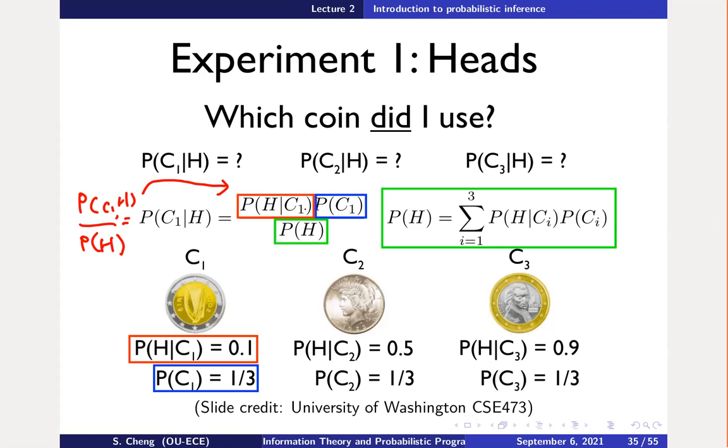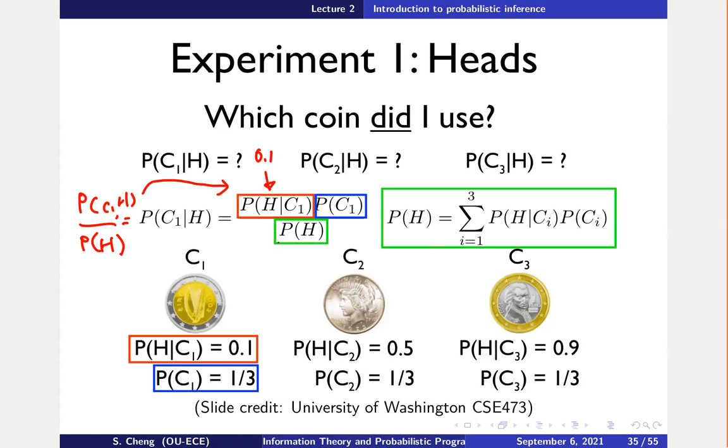So if I ask the question, if I got a head now, what's the probability of C1? It would be simply this one. And this one is given by the problem. I know that if I have coin one, then the probability of getting a head is 0.1 here. And P(H) I can estimate.